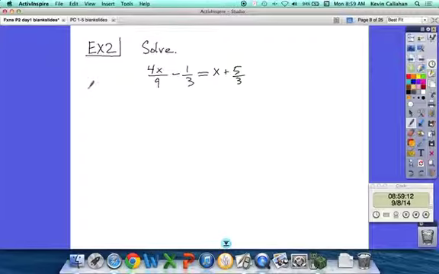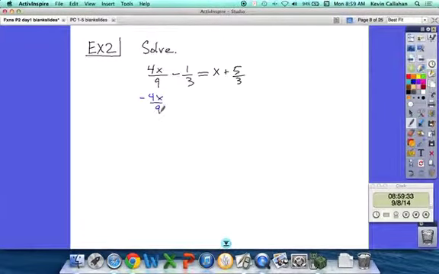We could just deal with the fractions. Which is the bigger fraction, 4/9 x or 1x? 4/9 is smaller than 1x, right? 4/9 is a fraction less than 1. So I could just deal with it.